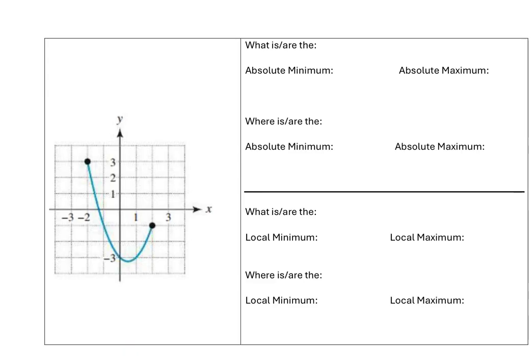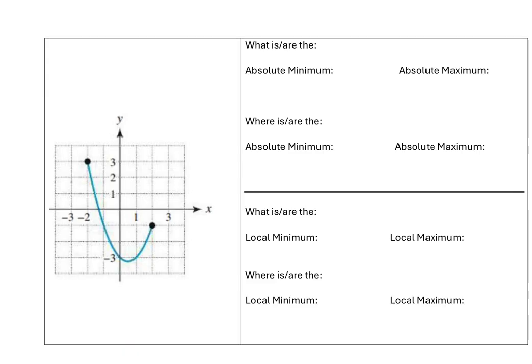They can be absolutes, because it is technically the highest point on the graph or the lowest point on the graph, so it is still an absolute maximum or minimum. Okay, so let's go ahead and look at this first example. Remember, when we ask what is, we want the y-coordinates, and when we ask where are they, we want the x-coordinates. So let's look at our graph and see what we have.